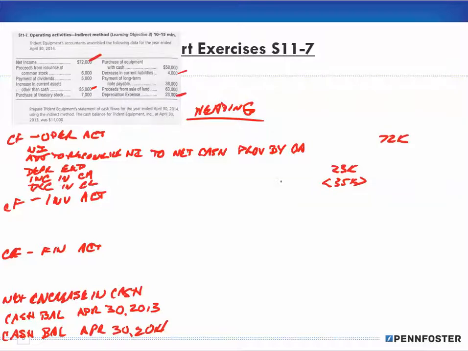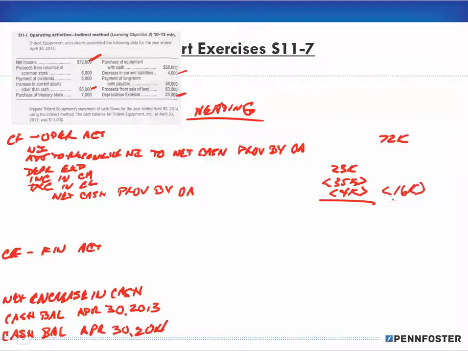In order to pay off our current liabilities, we're paying off $4,000. So then we have here the net cash provided by our operating activities, and that ends up being, these add up to negative 16,000, and 16,000 from 72,000 is 56,000.